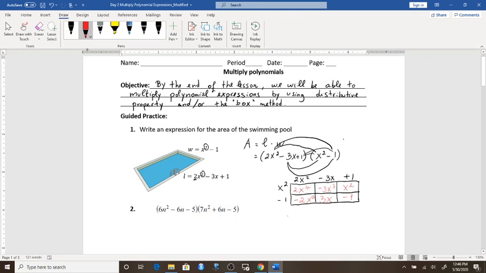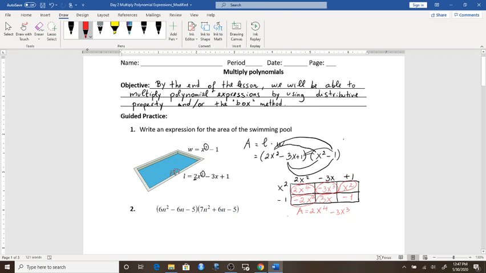Okay, so now we're going to combine the terms. Let's start with the 2x to the power of 4. Notice how this term is by itself, so it's going to stay. So 2x to the power of 4. Then we have negative 3x cubed. This is by itself, so it's going to stay. And then we have x squared and negative 2x squared. So these two can be combined together.